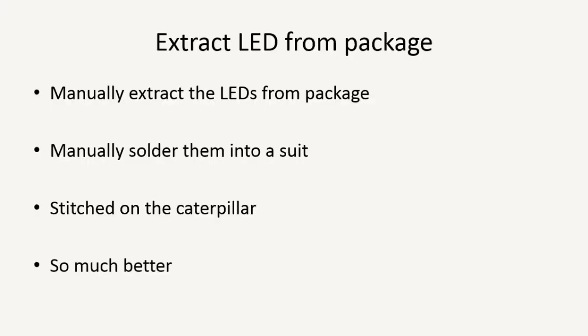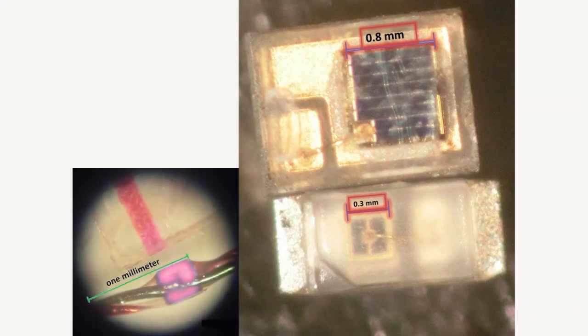So it was much better, but it could still be improved, because if this is the LED that we used to extract, with a square of 0.8 millimeters, we found something even smaller of the same company with the same wavelength, which has a square of 0.3 millimeters. And we succeeded in extracting also this and soldering it into an LED suit.